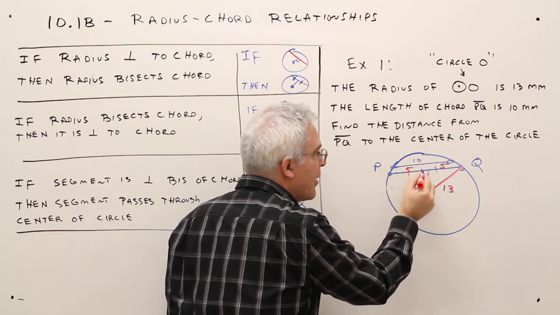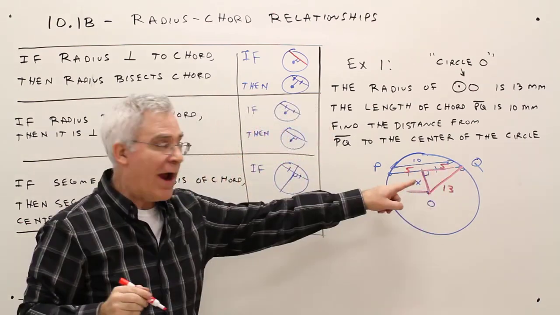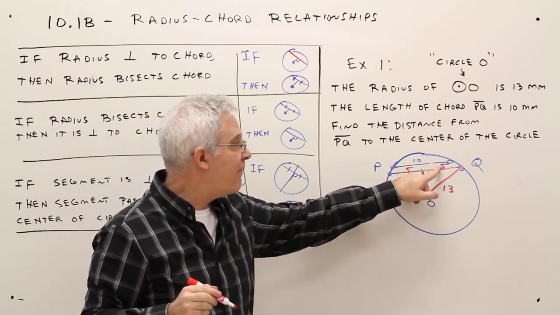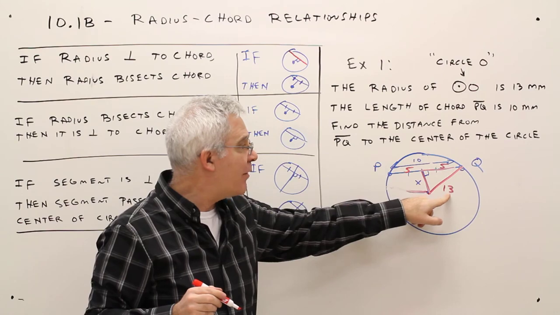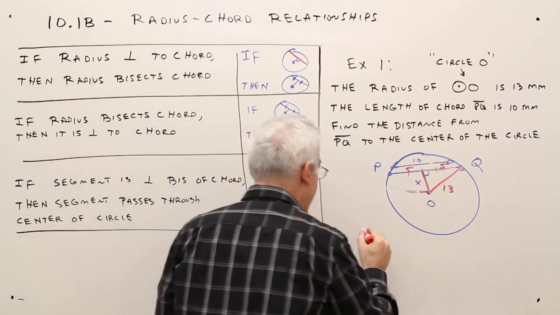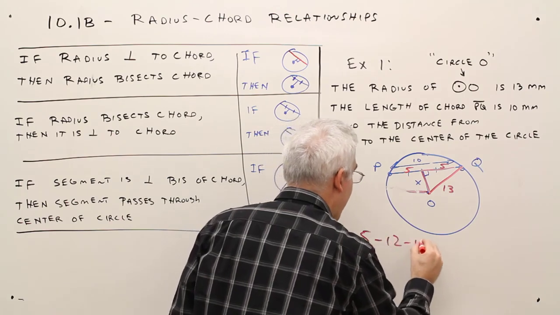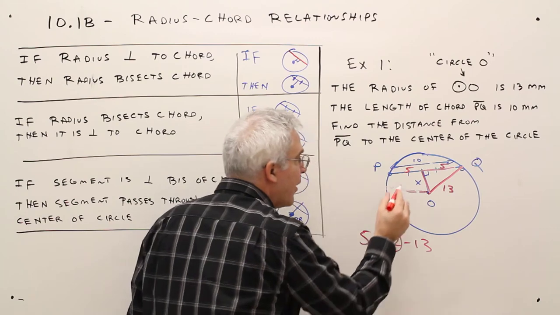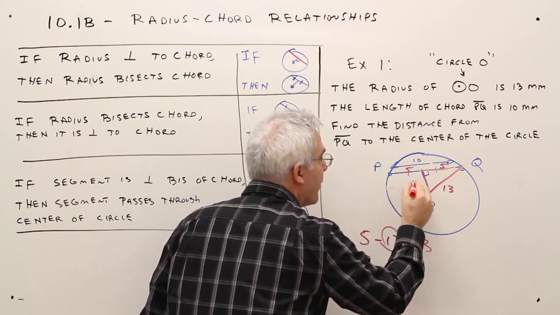I now have a right triangle. I've got a leg of 5, a hypotenuse of 13, and I'm trying to find that. Oh, I'm thinking of the 5, 12, 13 right triangle, so this must be 12.